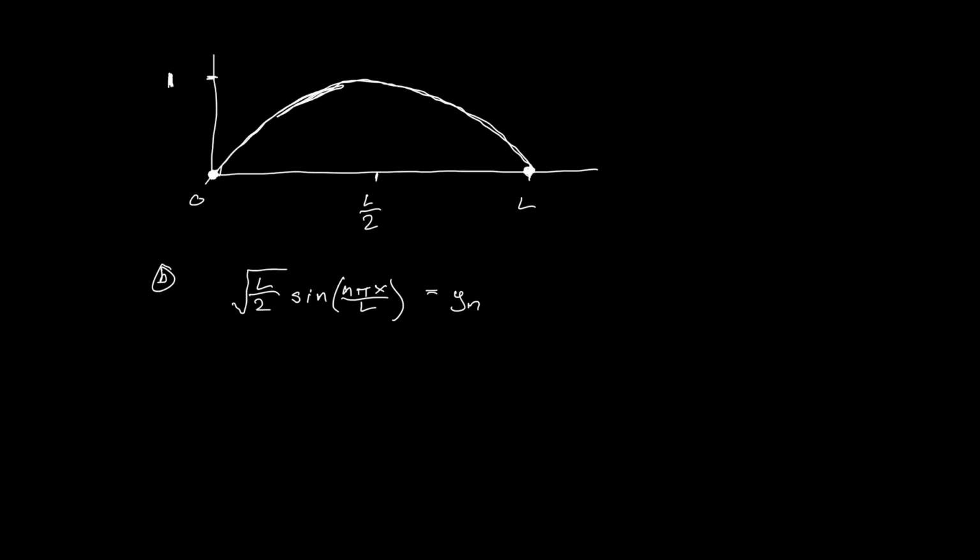Now we need to find the coefficients. This is part C. We find the coefficients by the idea where you have the integral from a to b of y times some phi, and this is equal to the integral from a to b.